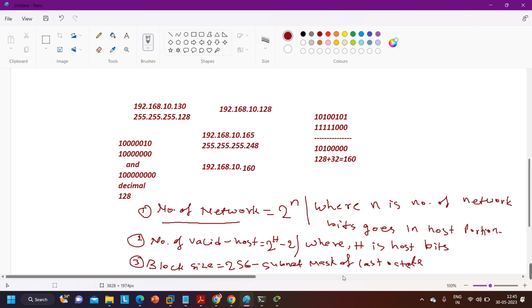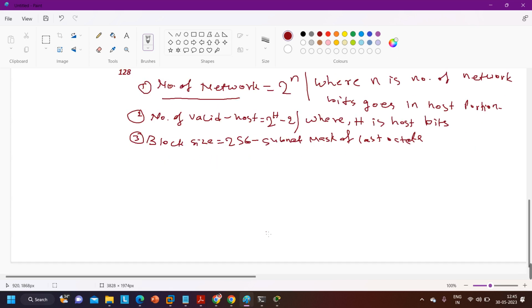Is all the formula clear to you? Formula is clear or not? I am giving an example.